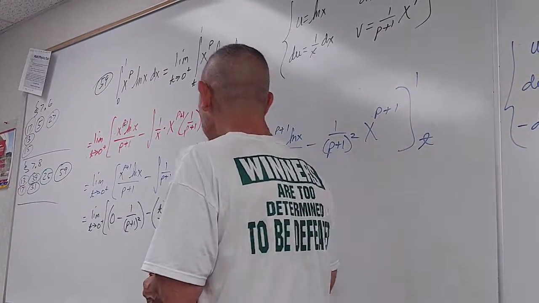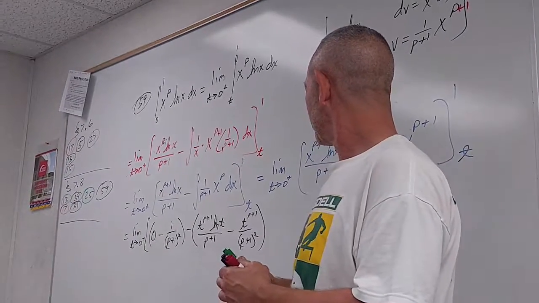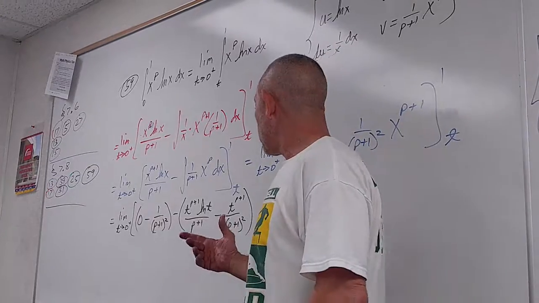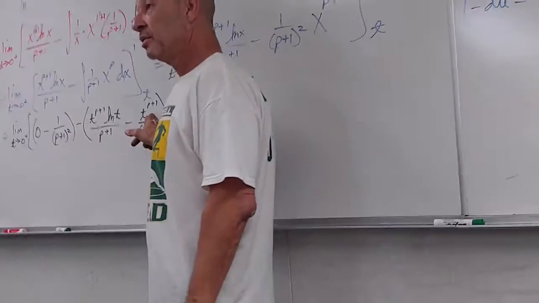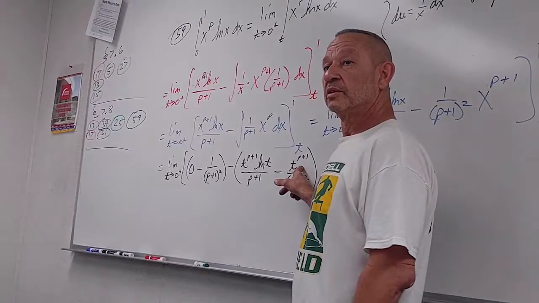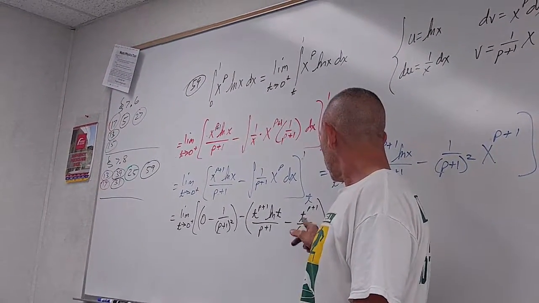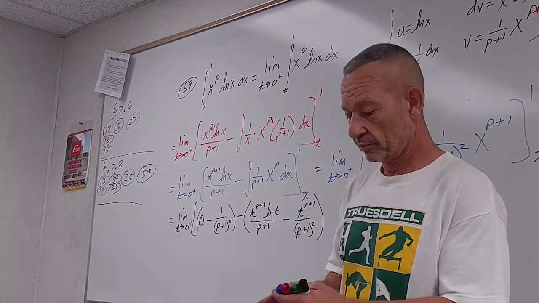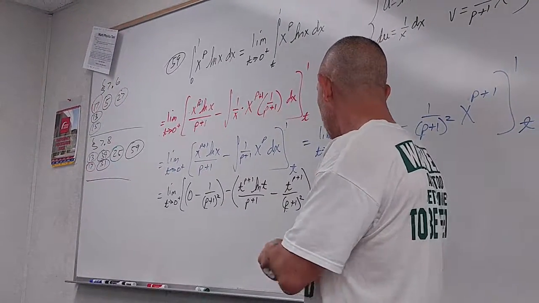Anybody got an idea what I'm going to do now? Combine maybe? Well, let's see. We can let t equal 0 here. As t approaches 0, this is just 0, isn't it? All right, so let's go ahead and do that.